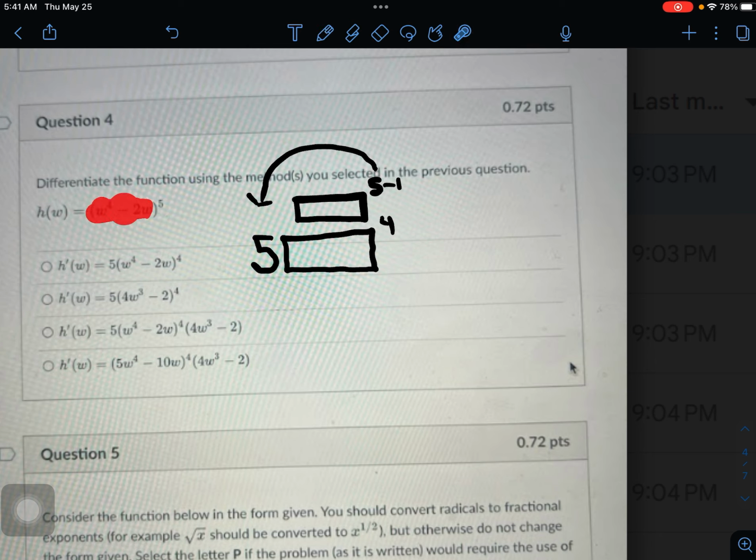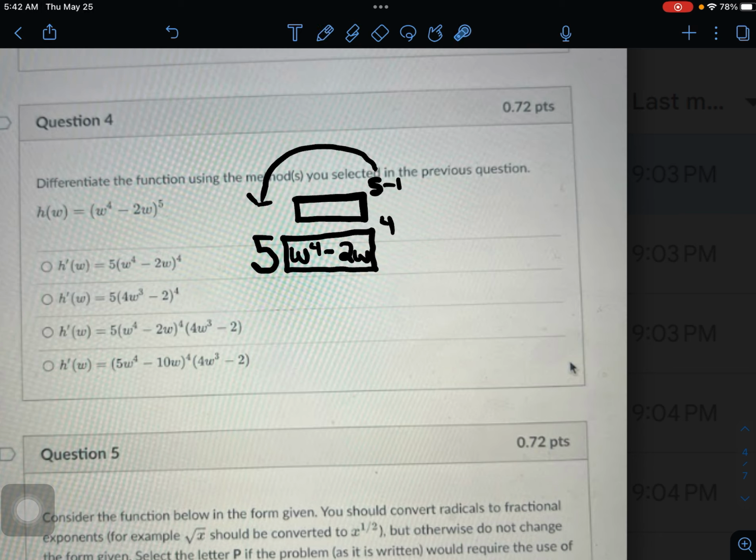This was the inside function. This right here, that stuff in red. W to the 4th minus 2w is your inside function. So what I'm going to do is take that inside function and place it inside of this derivative that I just took.